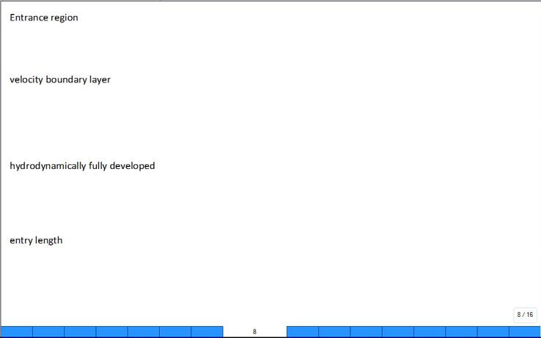Entrance region. Well, we are going to spend a lot of time analyzing fully developed flow in pipes. But whenever you have the beginning of a pipe, you have a region in which the velocity profile isn't fully developed. It often is very blunt coming in, and later it starts to develop such that the presence of the walls are felt further and further in, and then finally it'll feel the effect of the walls throughout.